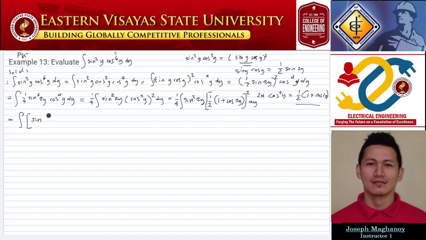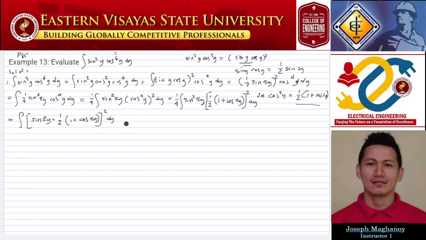So instead of squared 2y, we use it as common power. So it will become sine 2y times 1/2 and quantity 1 plus cosine 2y, bracket squared, then dy.